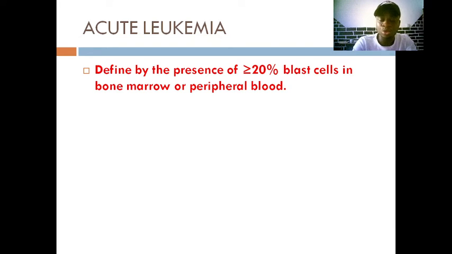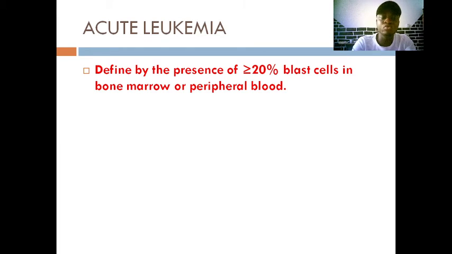Okay, 20%. The blast cells in the bone marrow are supposed to be less than or equal to 5%. It shouldn't be plenty.